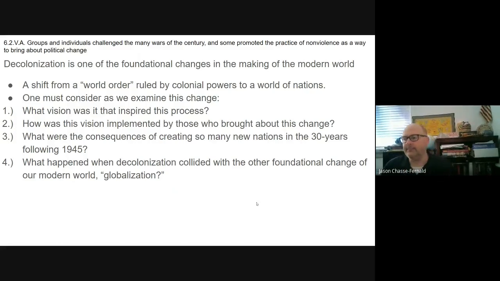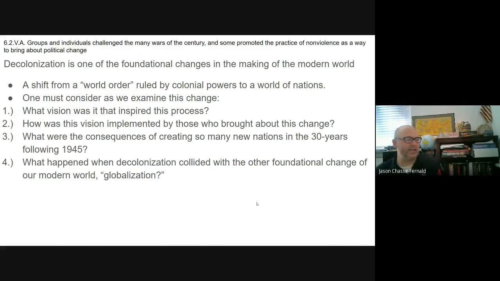What are they advocating? And then, once they gain independence, what becomes the reality? If they were advocating self-determination, does that become the reality? It's a good way to try to pick out individual leaders and demonstrate continuity and changes within those leaders. Okay.